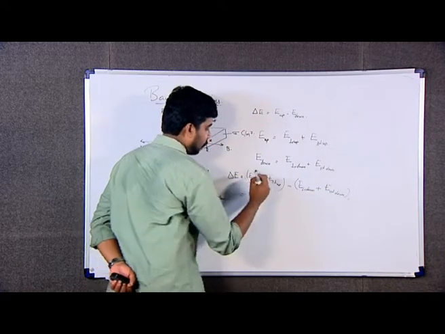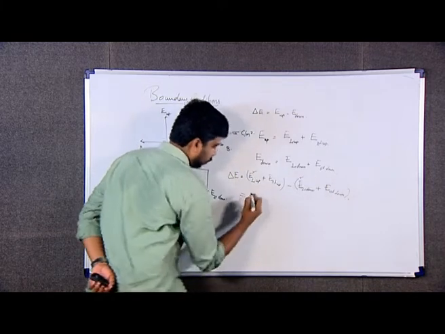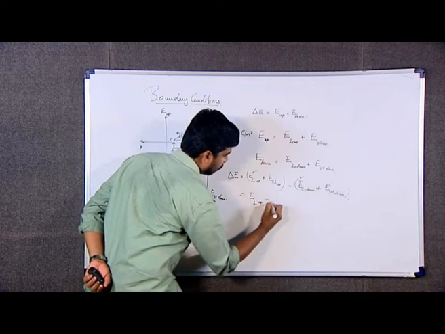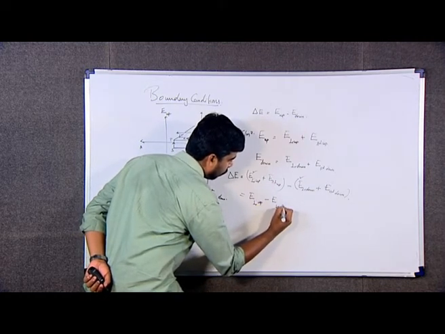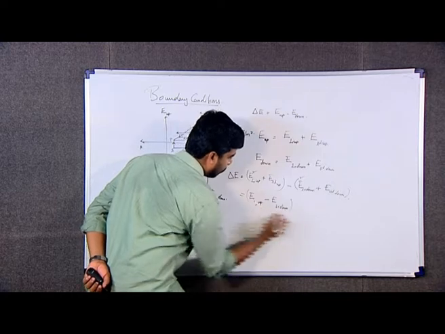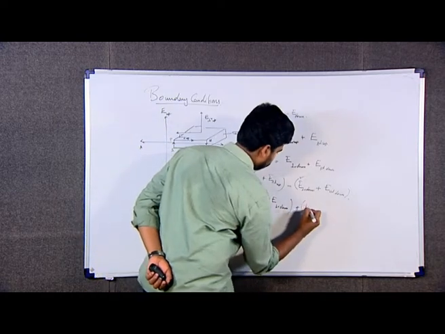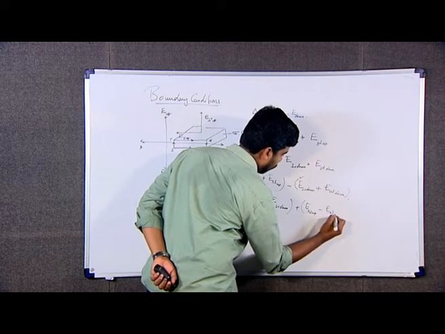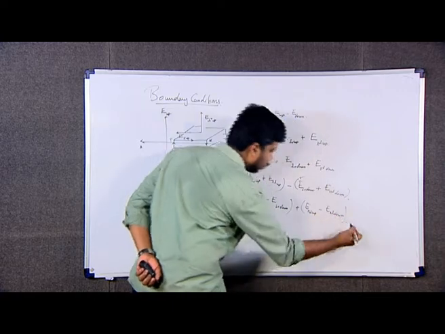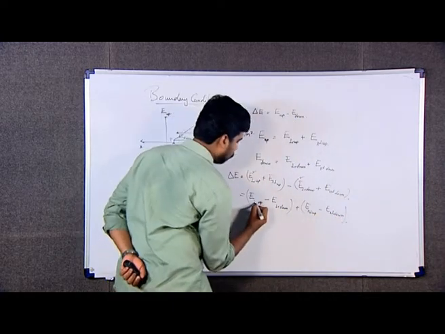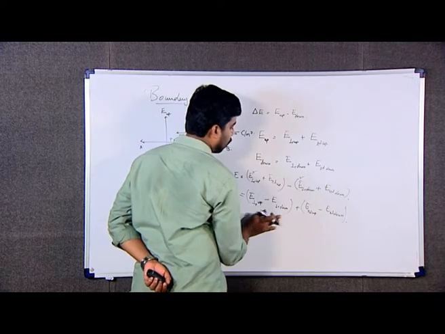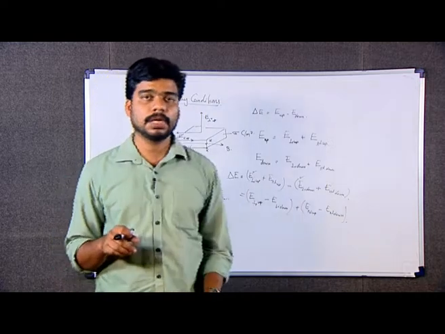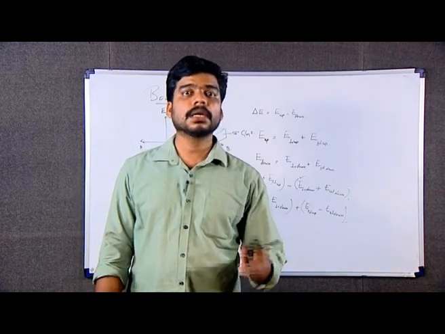So I can club the perpendicular components together, that will give you E perpendicular up minus E perpendicular down plus E parallel up minus E parallel down. Now the electric field components have been split into two parts, the perpendicular part and the parallel part. Now we will check whether the perpendicular part is continuous or the parallel part is continuous.